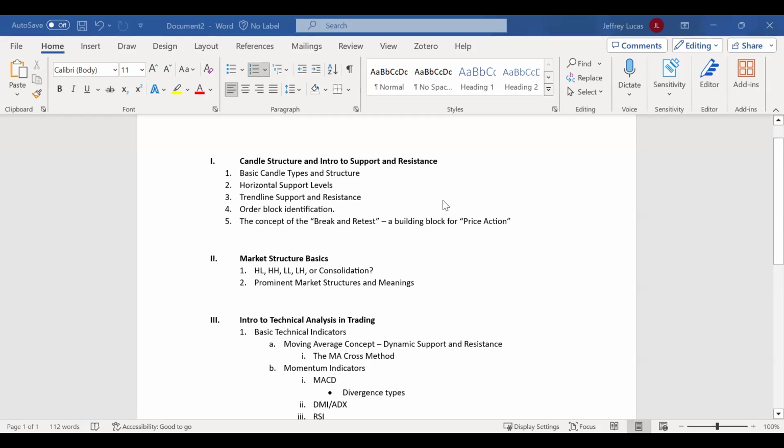This might be a little bit more lengthy of a video than what I want, but it's definitely necessary. So, let's get right into it. What we're going to cover is basic candle types and structure, and at the same time, we'll also cover trading time frames. Horizontal support levels. Then we'll get into trend line support and resistance levels.